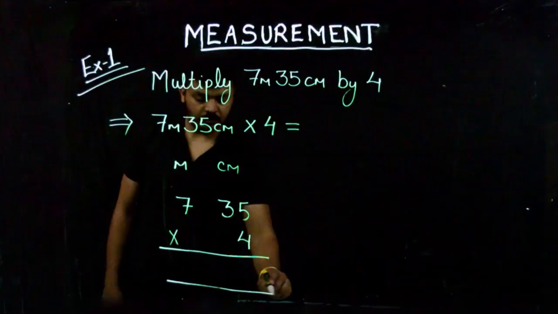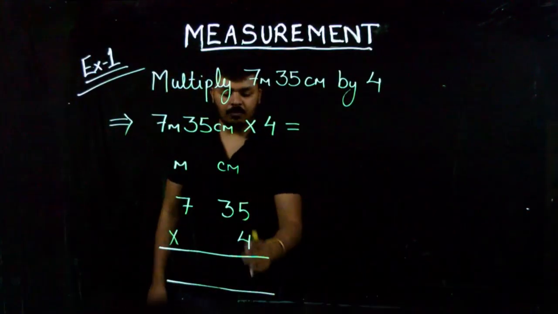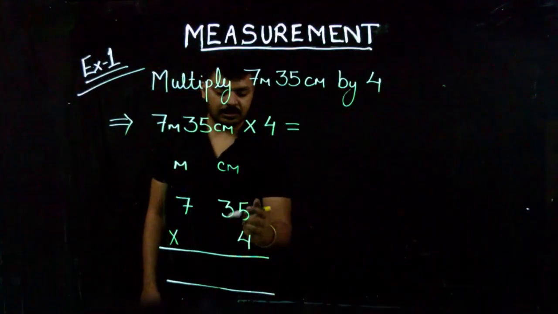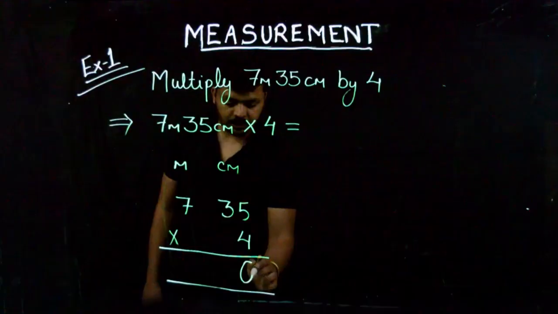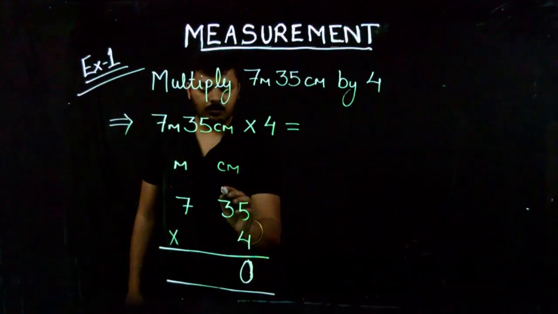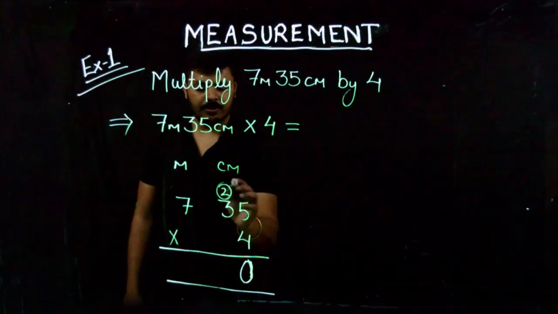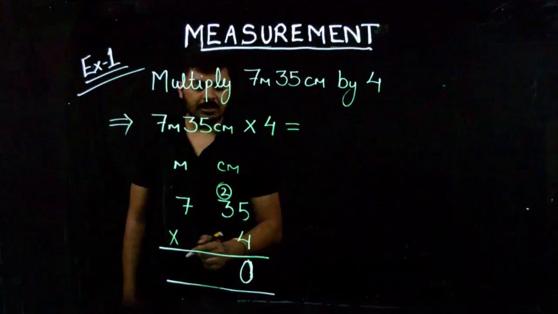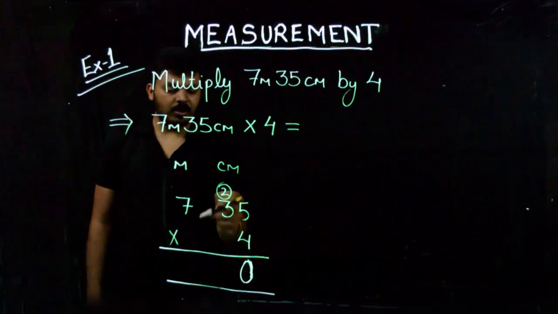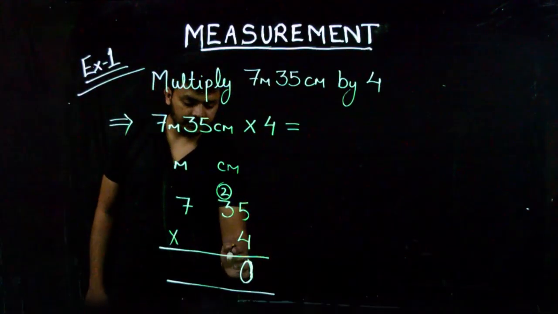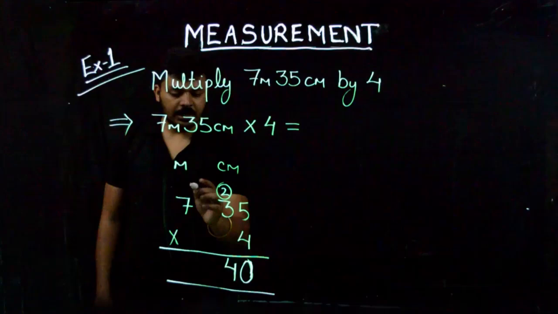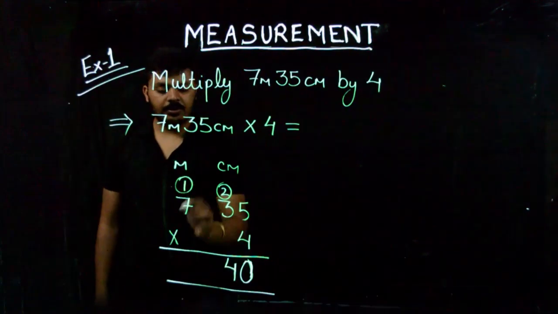is equal to, now 4 multiplied by 5 is 20, so 0 and 2 carry over. 4 multiplied by 3 is 12, 12 plus 2 is 14, so 4 and again 1 carry over.